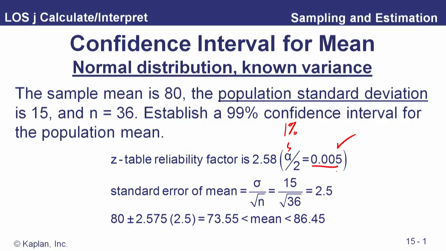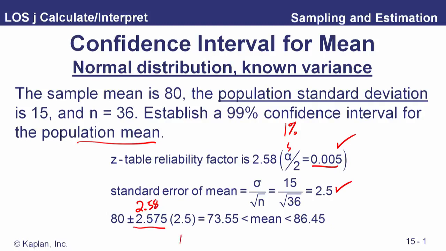Now we calculate the standard error of the mean. We've got the standard deviation of the population is 15, so we divide that by the square root of our sample size, n, and we get 2.5. So we want a confidence interval for the mean. And the confidence interval for the mean is based on our sample size. We used 2.58 earlier for our reliability factor here.